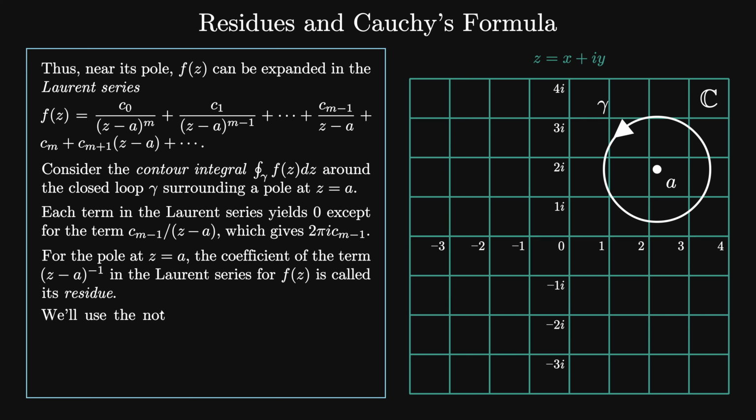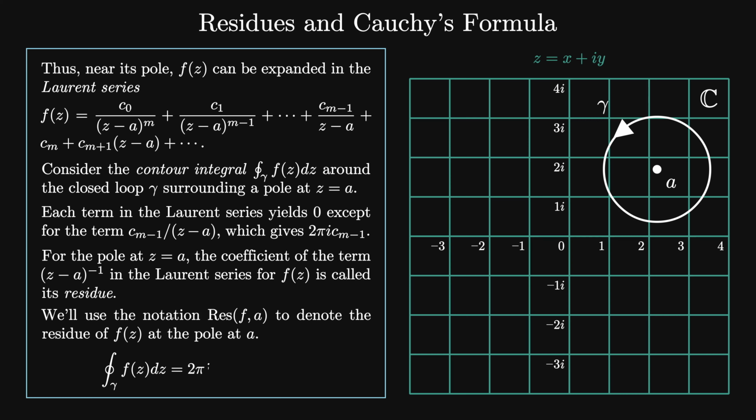We'll use the notation Res(f, a) to denote the residue of f(z) at the pole at z equals a. Thus, the integral along gamma of f(z) dz equals 2 pi i times the sum over k of the residue of f at a_k. This is known as Cauchy's formula.